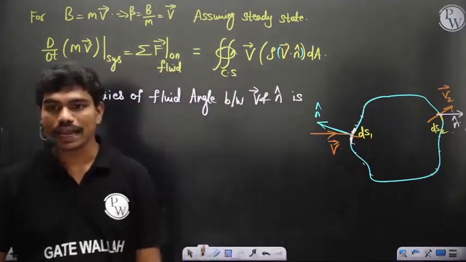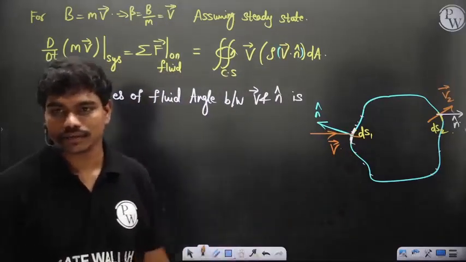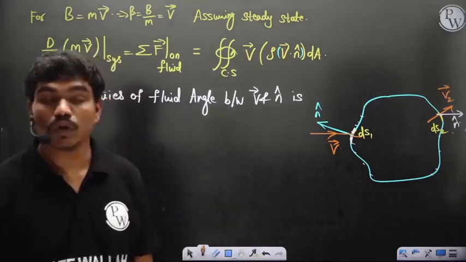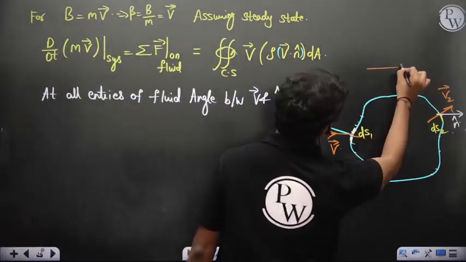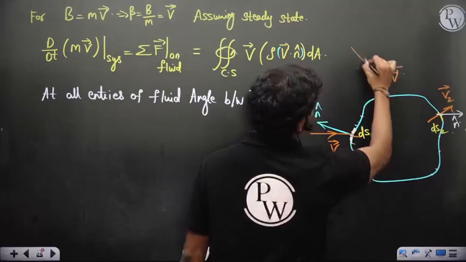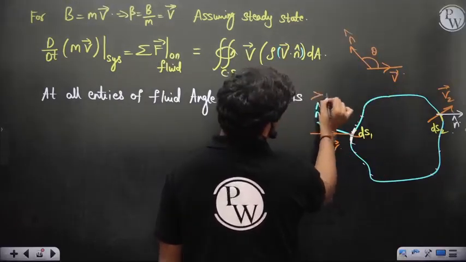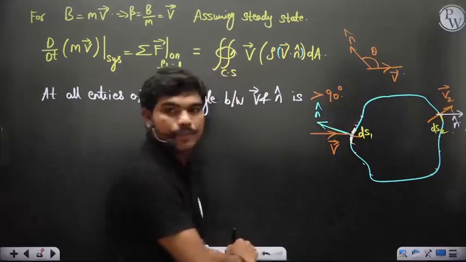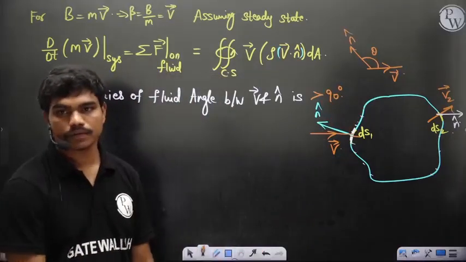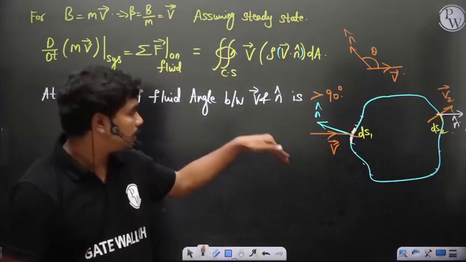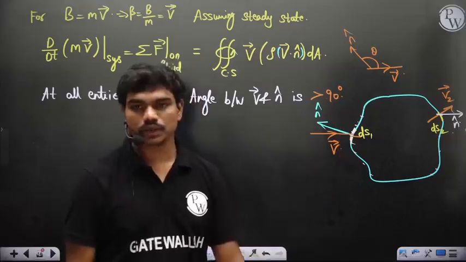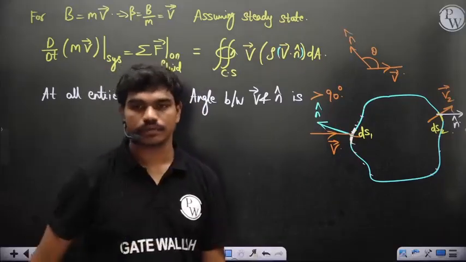तो इन दोनों का एंगल ग्रेटर देन 90 और लेस देन 90? इट इज मोर देन 90 ना. देखिए वेलोसिटी ऐसा है, n कैप ऐसा है, correct? It is greater than 90. This is V and n is something like this, so the angle between those two is greater than 90, correct?